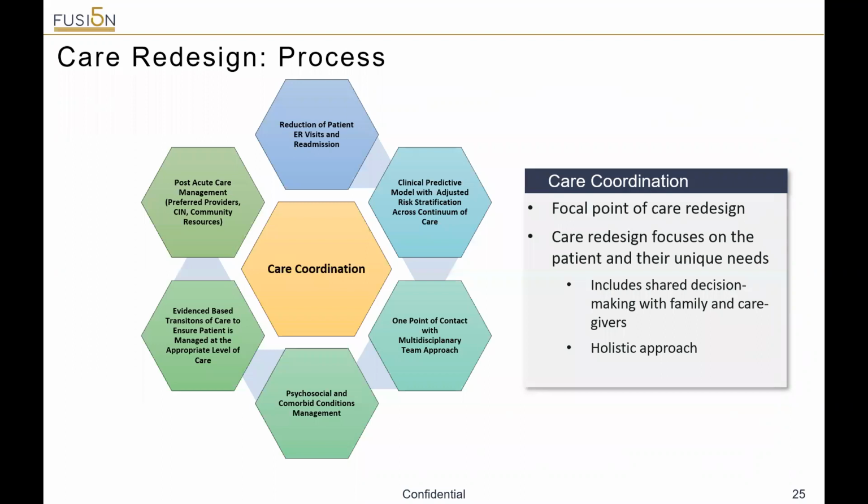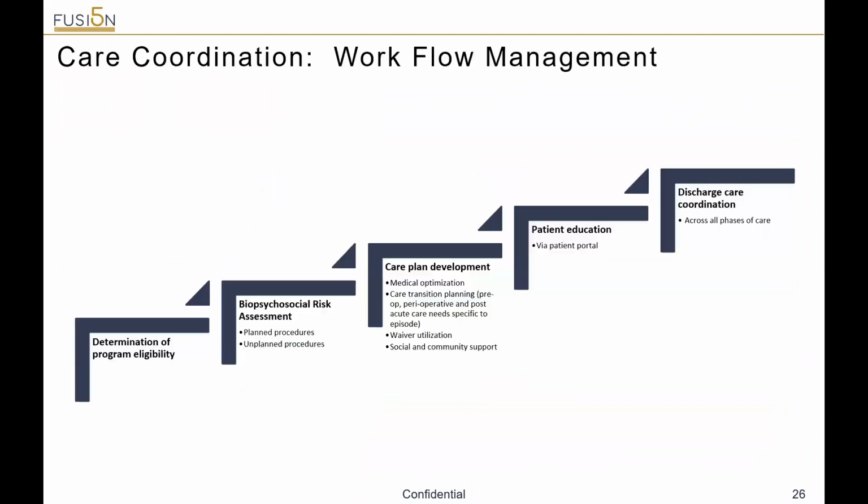But if they have issues that need to be addressed, addressing those issues first so that they're more well prepared to do the procedure that is necessary, they will then have a better outcome and generally also at a lower cost. Care coordination has a rather unique workflow. It is designed here. You really want to determine the eligibility, that is that optimization portion up front.